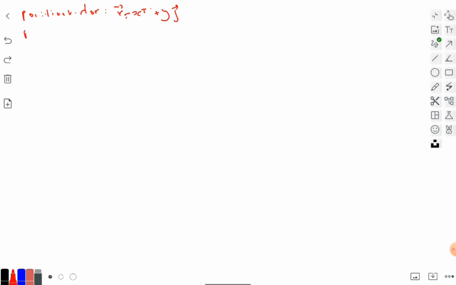Parametric equations: x equal, and y equal, the component before the i vector, and the component before the j vector y. Trajectory equation: its equation independent of time.